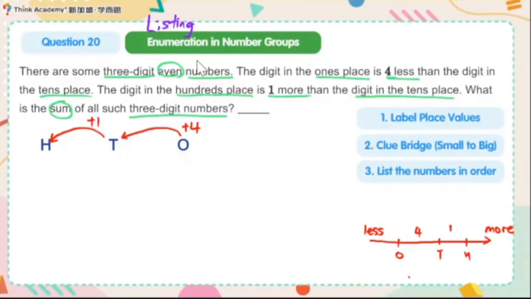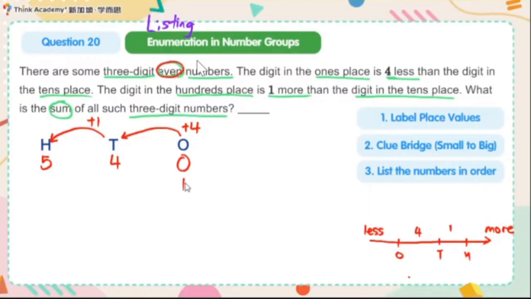My ones, I could start from a 0, and then we move on to listing the next number. What is the next number I should list? Yes, it's the magic arrow. Should I start from 1? Should I list 1 now? Hey, read the question carefully again. Okay, so we want even numbers.